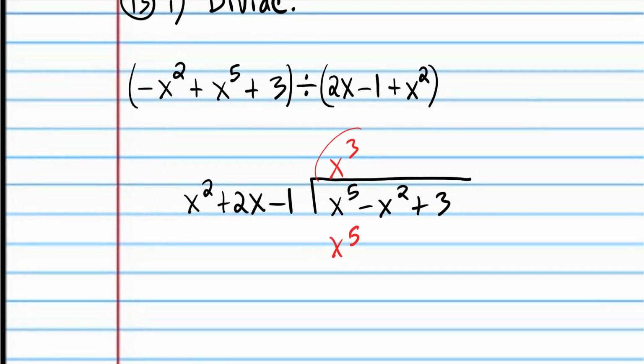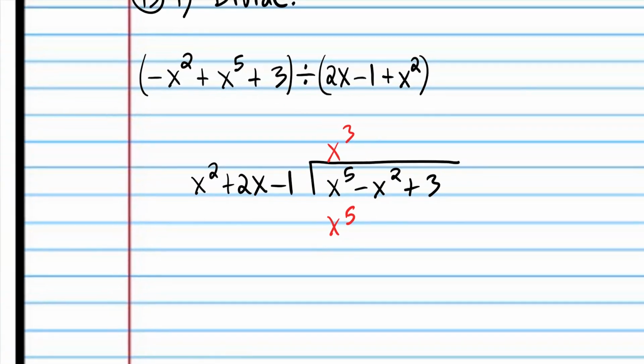So the first step is figure out what this number is going to be. The second step is take that number and multiply it by the divisor. The third step, well actually we have to keep going here. So x cubed times the whole divisor, so that's going to be plus 2x to the 4th minus x cubed.